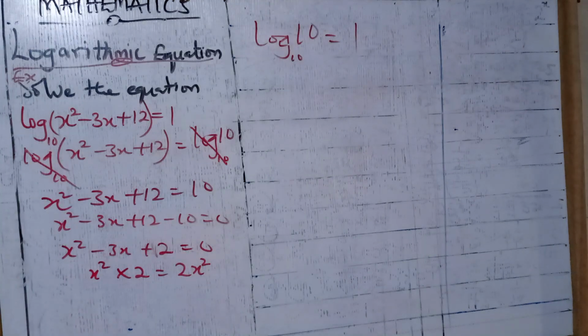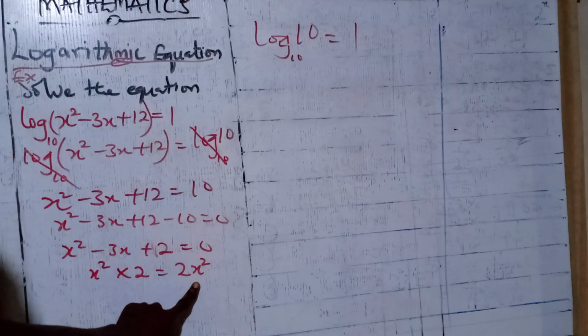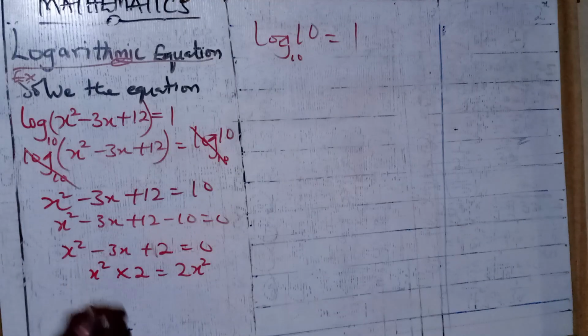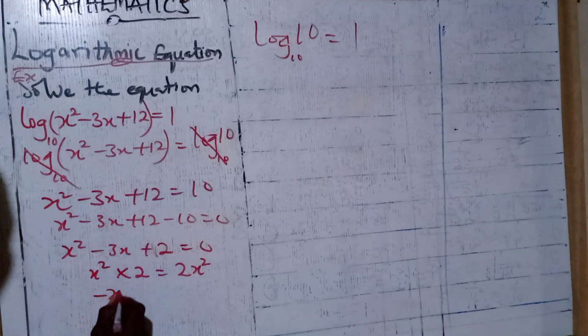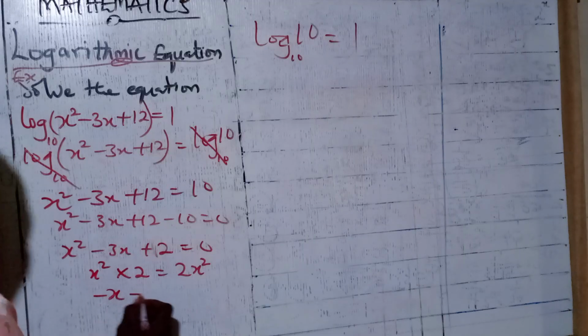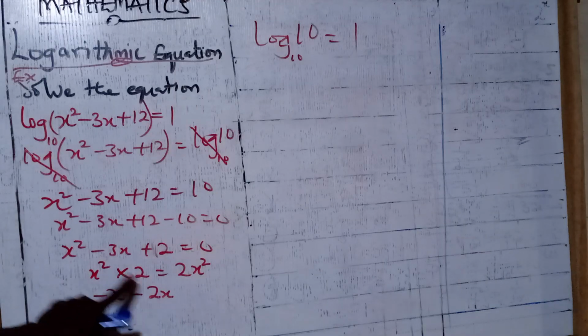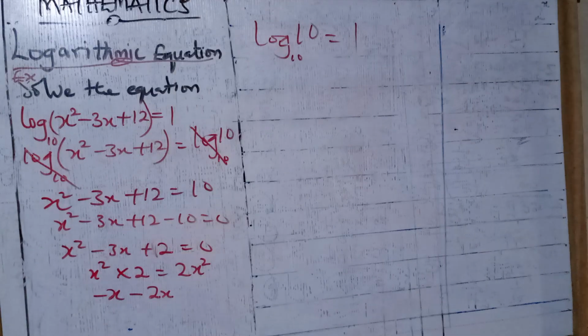Now we look for certain numbers that when we multiply them together they will give us 2s squared, and when we add them together they will sum to minus 3s, and that will be minus s, minus 2s. Minus s minus 2s will give us minus 3s, and minus s times minus 2s will give us plus 2s squared.